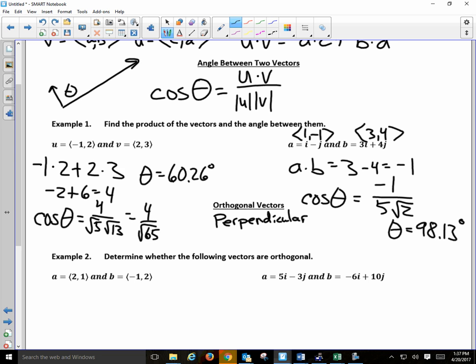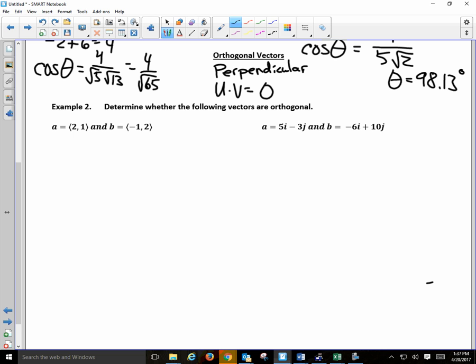So that means that this expression up here would be equal to 0. Something is equal to 0 if the top is 0 or if the bottom is 0? The top. So we know that if the dot product is equal to 0, then two vectors are orthogonal or perpendicular. Very straightforward.